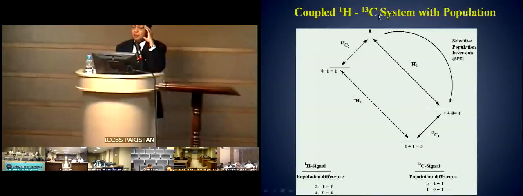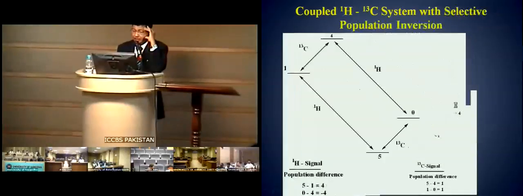What people have done, they proposed a selective population inversion in one of the transitions of proton. This is the reason why I put 2 and 1, right? This is the transition of proton, and this selective population inversion was carried out. 4 go here, 0 come here, and when it happened, you have a different population set.